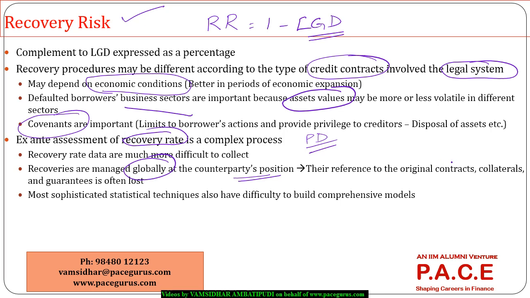Because of this, the reference to the original contracts, collaterals, and guarantees that were taken at the beginning of the contract gets lost. They are managed purely at the counterparty's position. So even if I am building very sophisticated statistical techniques to model the recovery risk, I still cannot build a lot of comprehensive capabilities into the model. That is the observation with respect to the recovery risk.